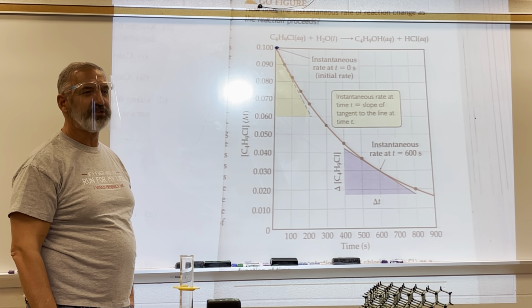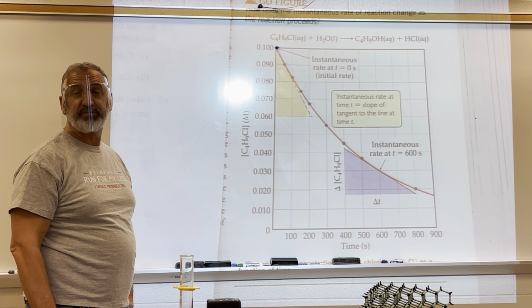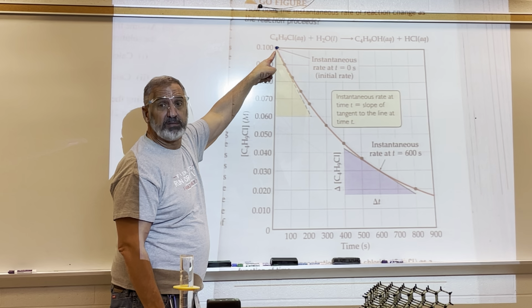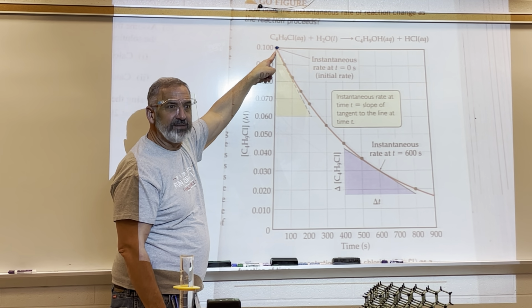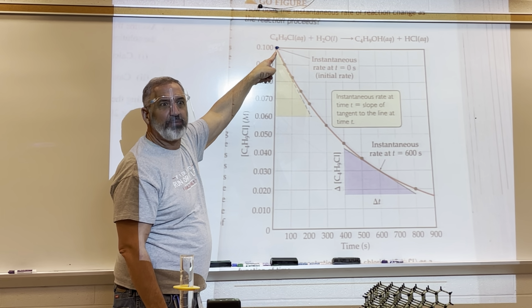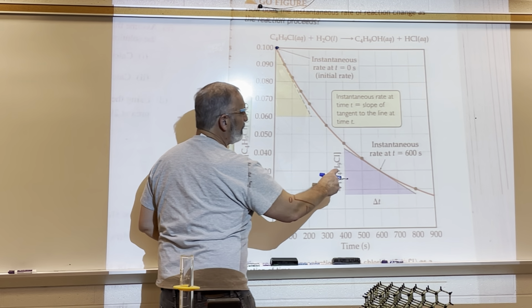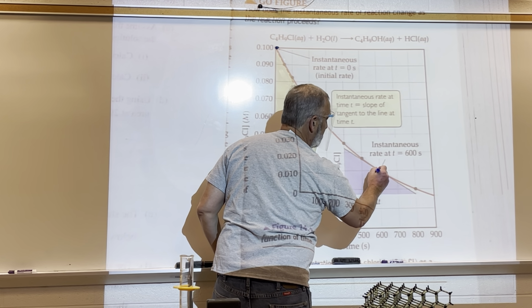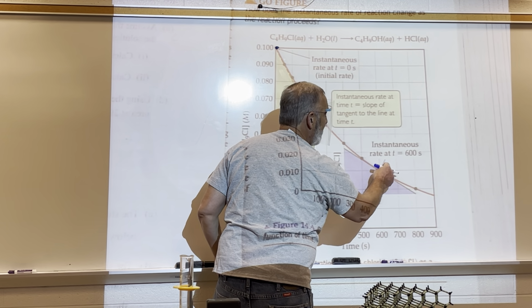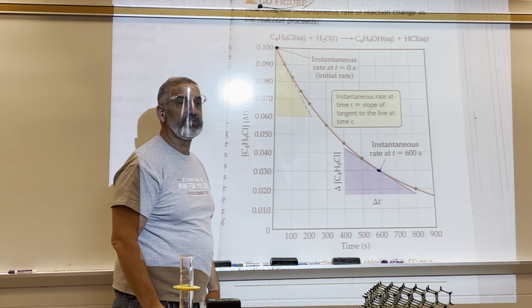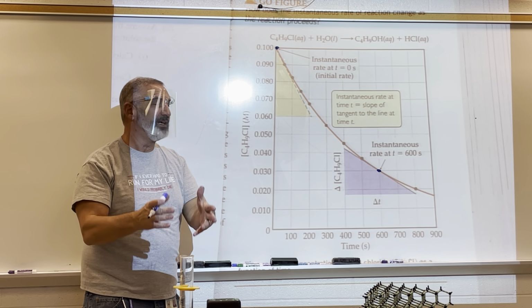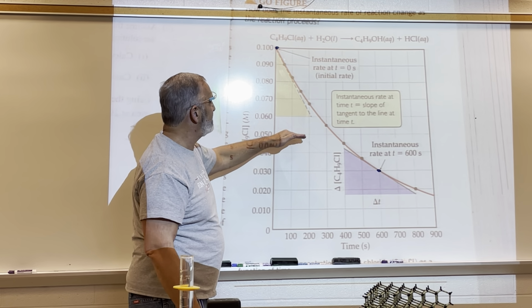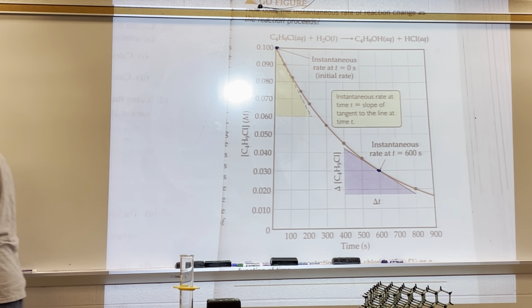You're making this way harder than it is. It's the rate at that moment. That instant. It's the instantaneous rate, the rate at that instant. If I want to get the rate at this point, that's the instantaneous rate at time 600 seconds. At any particular instant.